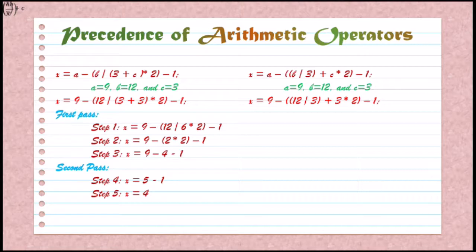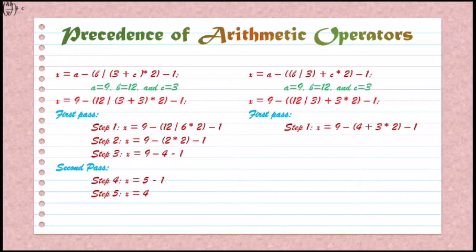So in the first pass we will try to solve the inner bracket, that is 12 divided by 3. So in step 1 the equation will be 9 minus in bracket 4 plus 3 into 2, close the bracket, and then minus 1. So in step 2 again solve the expression, that is 4 plus 3 into 2.